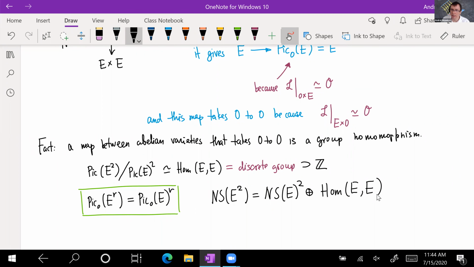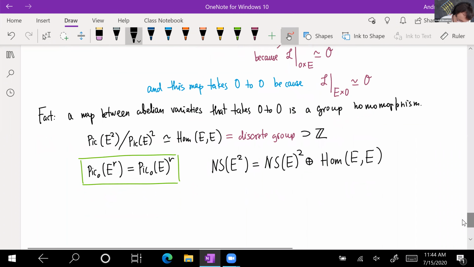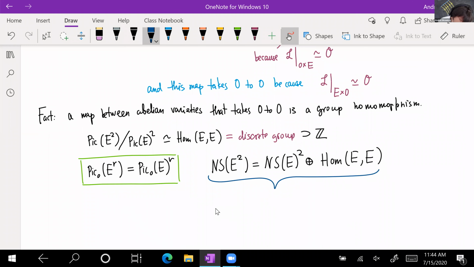And the way to phrase it invariantly is that the Néron-Severi group of a square, those are the homomorphisms from E squared to E squared, which are symmetric.